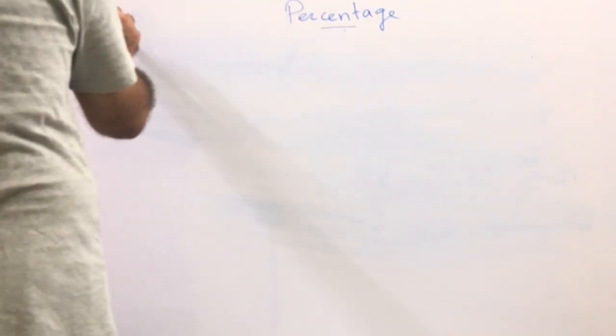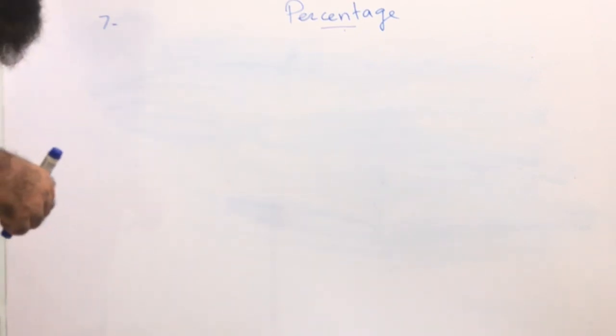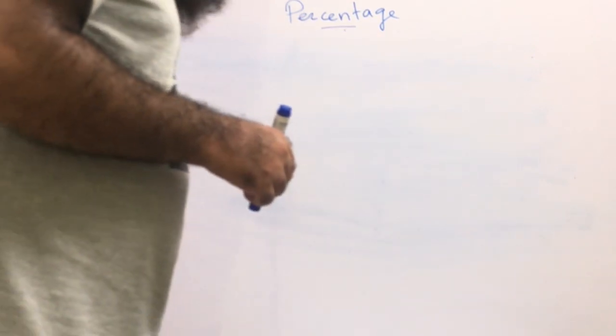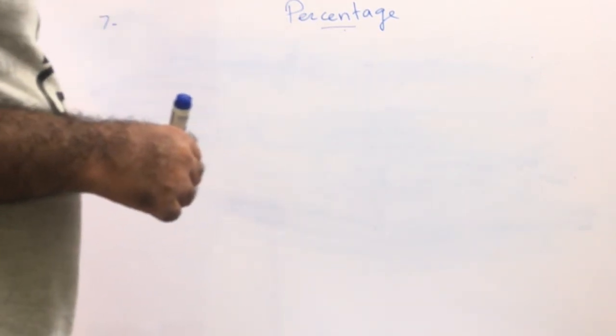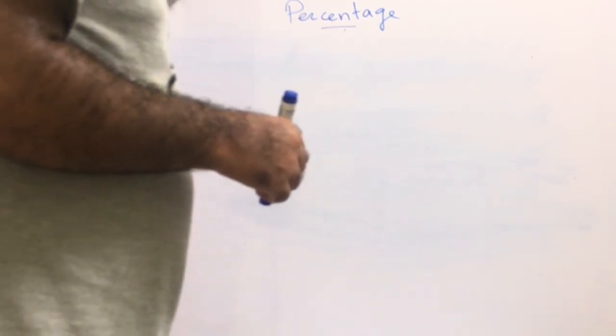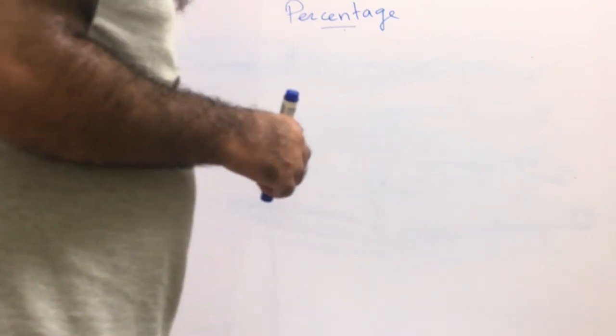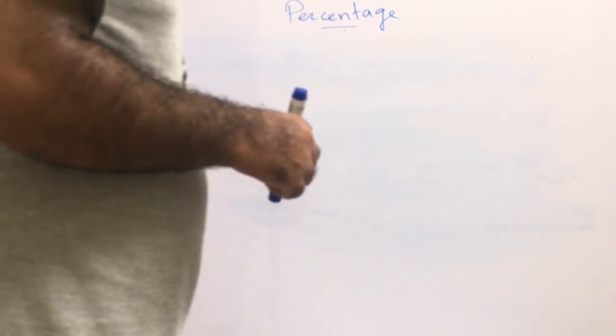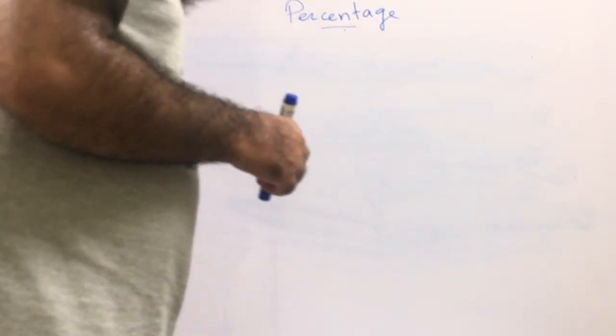Now we'll move to page number 98, question number 7. Mr. Lim travelled 75% of his journey on the first day and completed the remaining part of the journey on the second day. He travelled a total of 324 km on the first day. Find the total distance that Mr. Lim travelled over the 2 days.